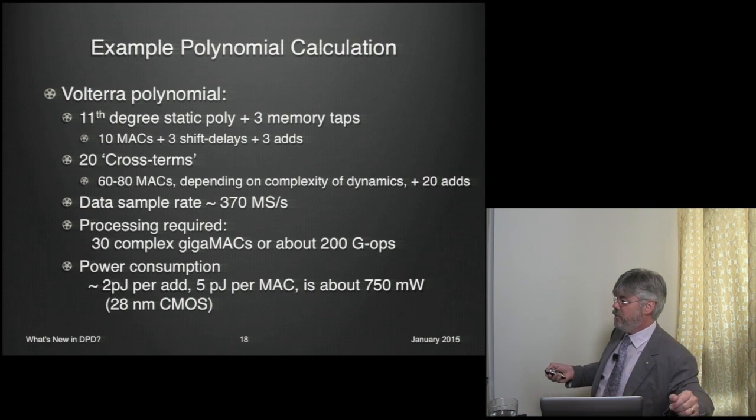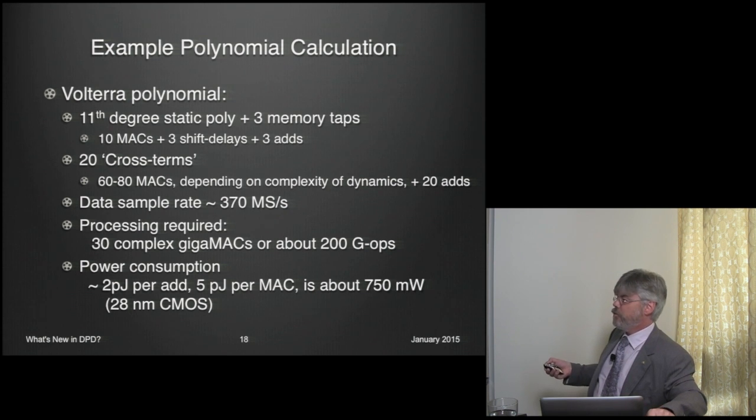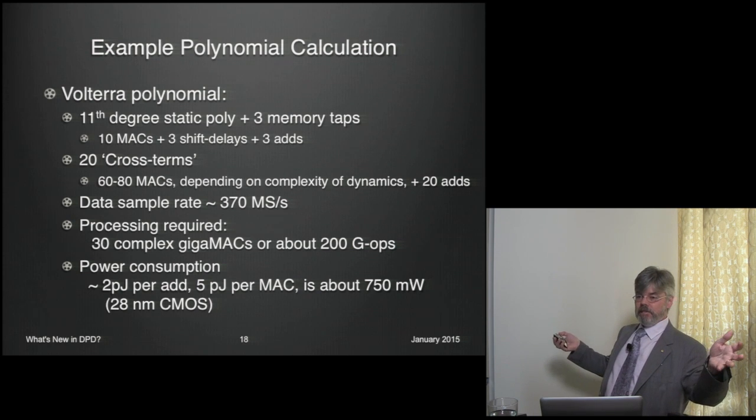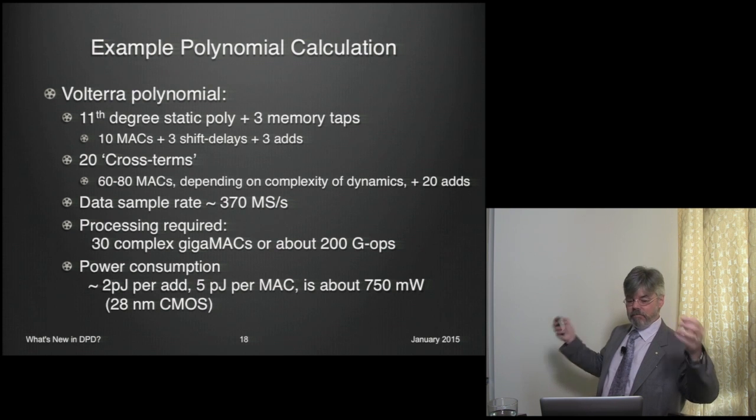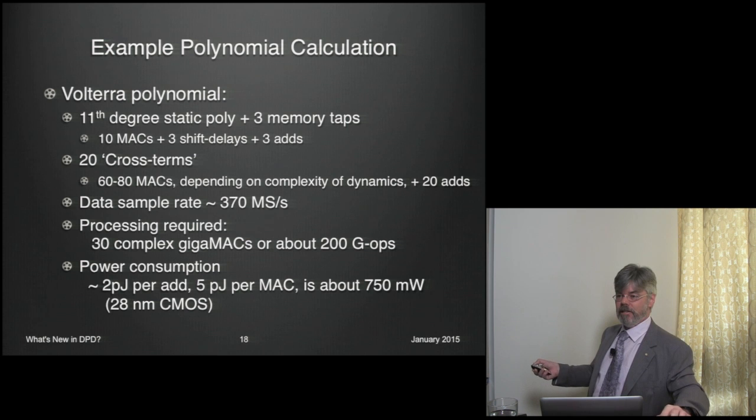So the power consumption of that, and these are figures that I got from the Department of Energy's exascale grand challenges, 28 nanometer CMOS. These are quite conservative calculation numbers, but it means you're still going to be burning about 3/4 of a watt for your DPD. Not much in the context of a base station PA that's chuffing out 200, 300, 400 watts, but you can't use this in a handset or, you know, a 1 watt femtocell and still look competitive in the market.